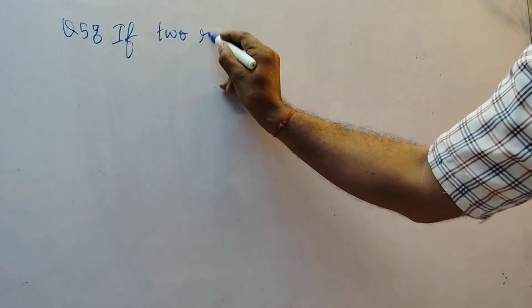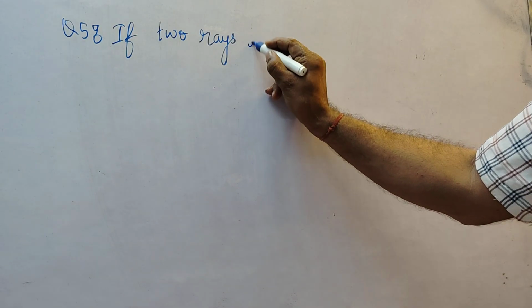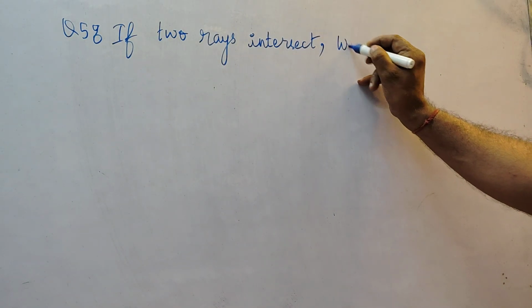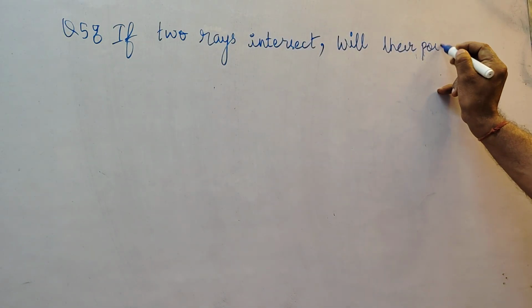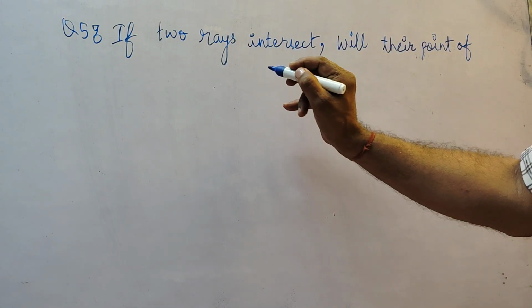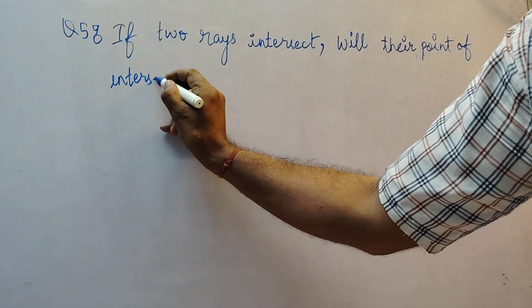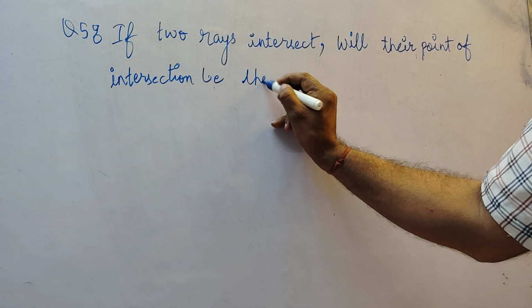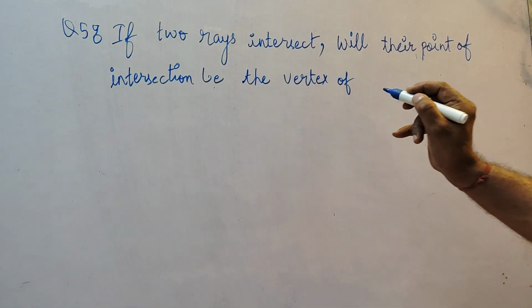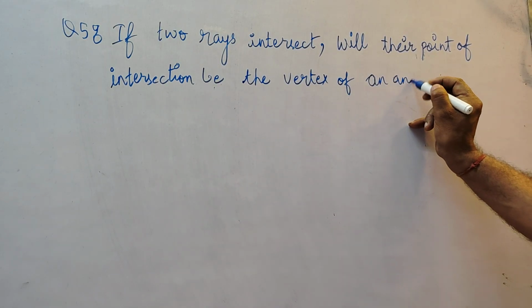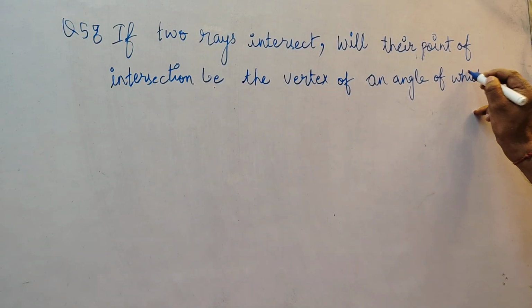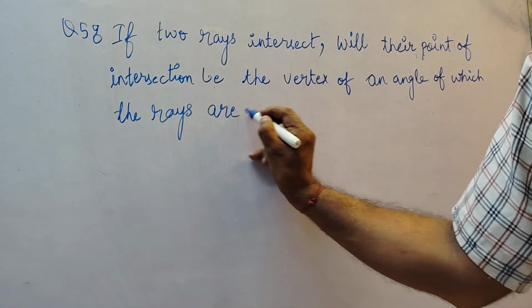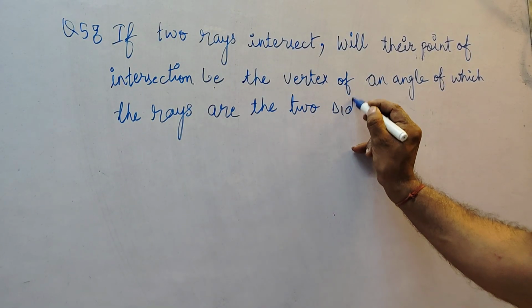If two rays intersect, will their point of intersection be the vertex of an angle of which the rays are the two sides?